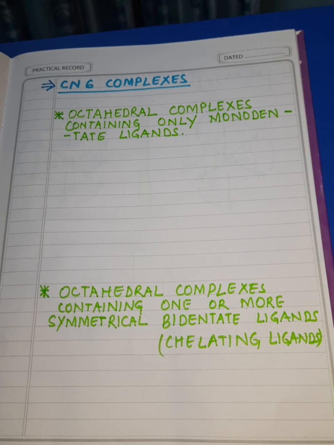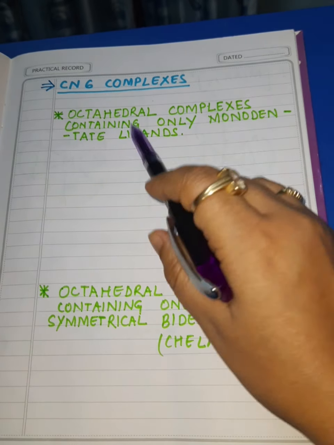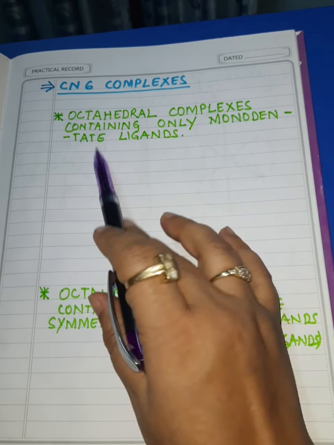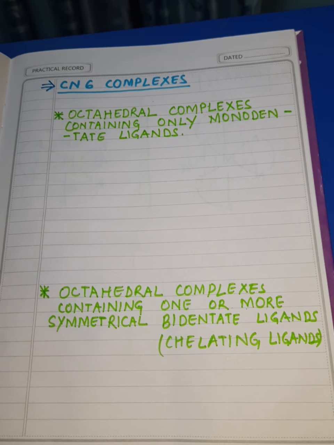Now coming on to the CN6 complexes. Dear students, in CN6 complexes, we have octahedral complexes containing only monodentate ligands.